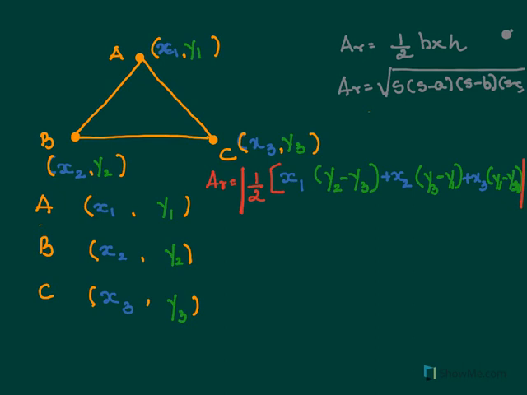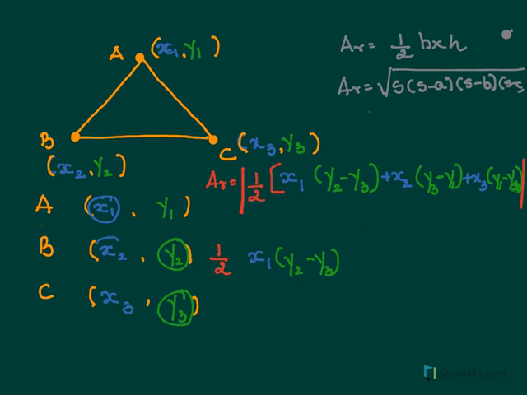So just how to remember this formula. You start with, of course, the half, and then you write x1, and then you subtract y2 and y3. So you write y2 minus y3.